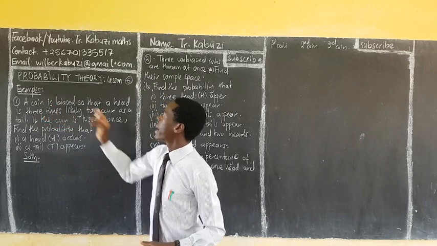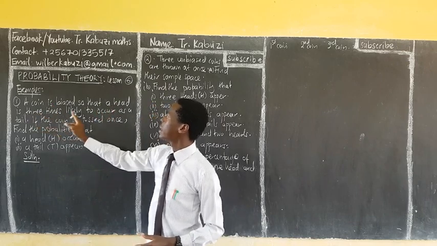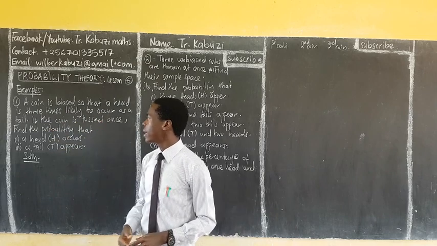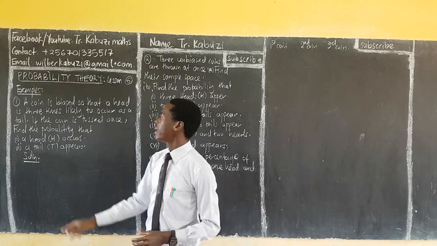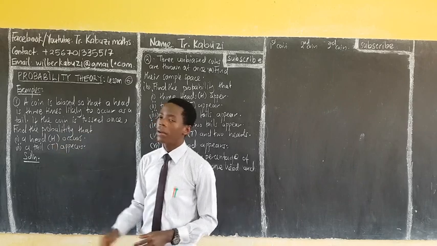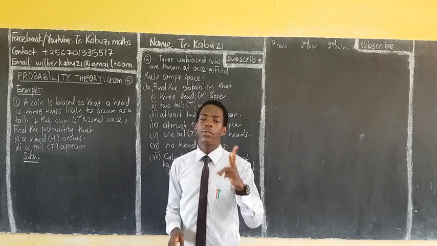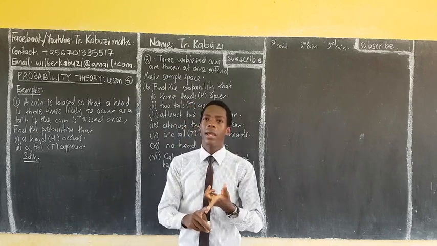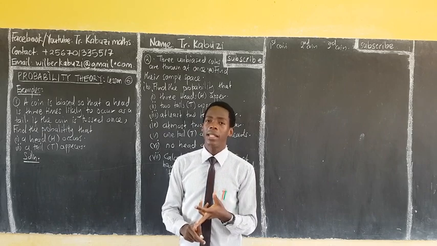A coin is biased so that a head is 3 times as likely to occur as a tail. If the coin is tossed once, find the probability that the head occurs and the tail occurs. Now, know that a coin has two faces, the head and the tail. The probability for a tail to appear is 0.5 and also a head is 0.5.